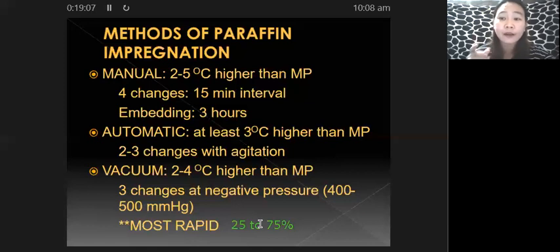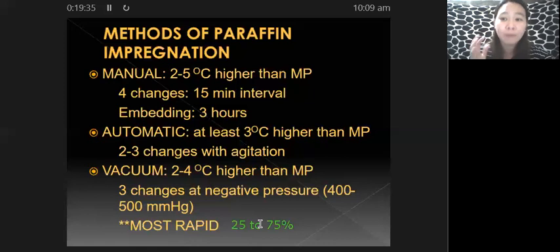Because the duration is shorter, that means its exposure to heat also becomes shorter. So your tissue is not overexposed to heat, and the different consequences may be avoided, or if there are consequences, they are only minimal.